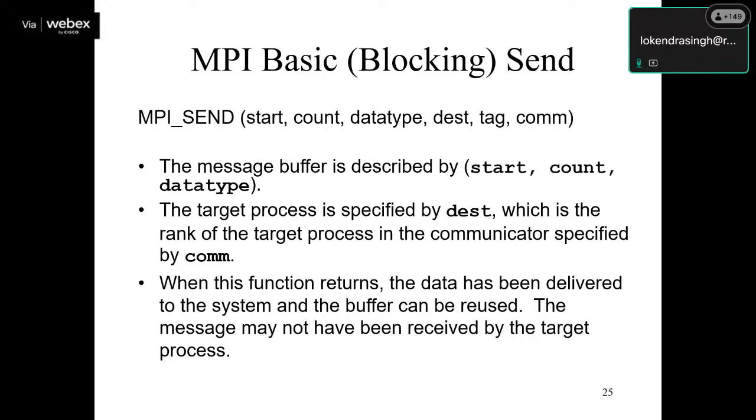These are the basic blocking send routines: MPI_Send with start, count, data type, destination, tag, and comm. You have to put these six arguments into MPI_Send.